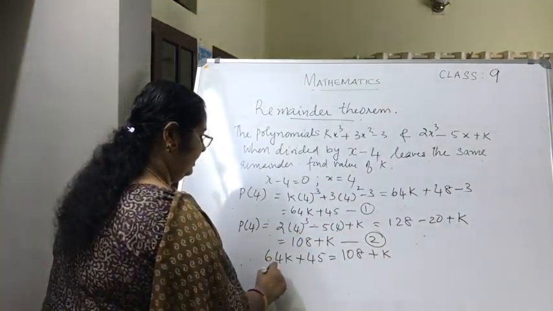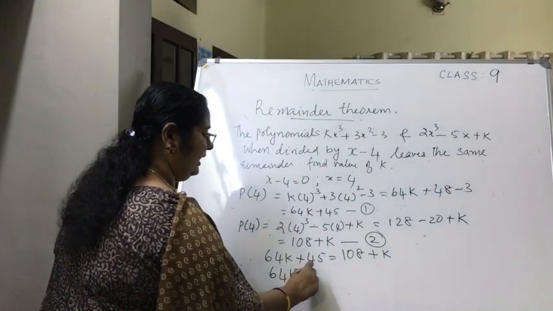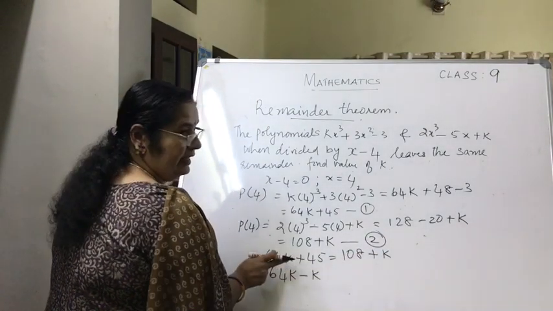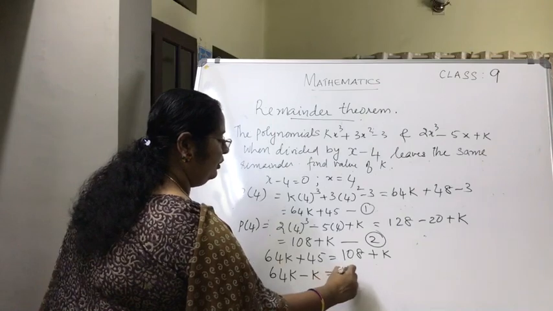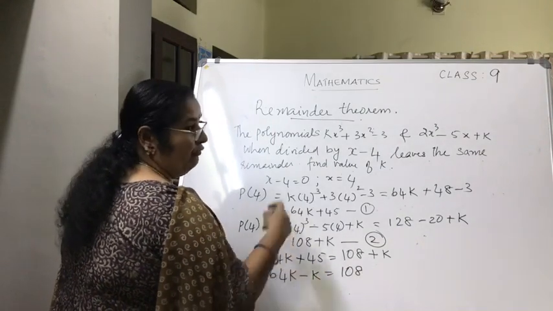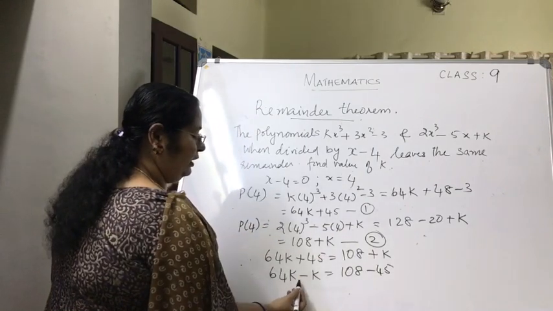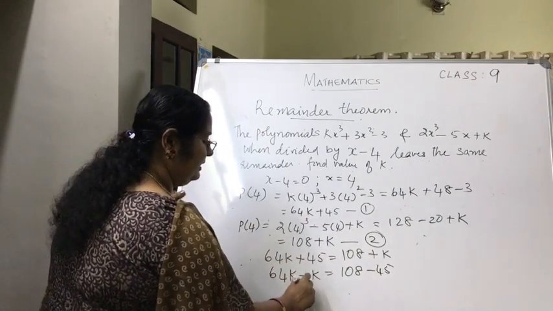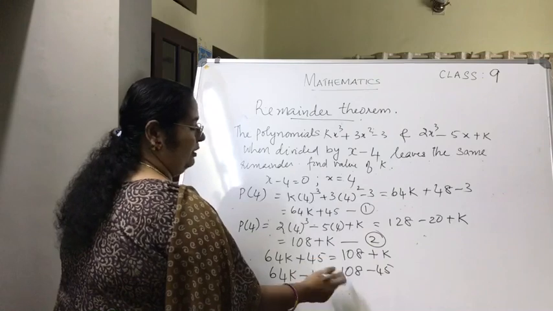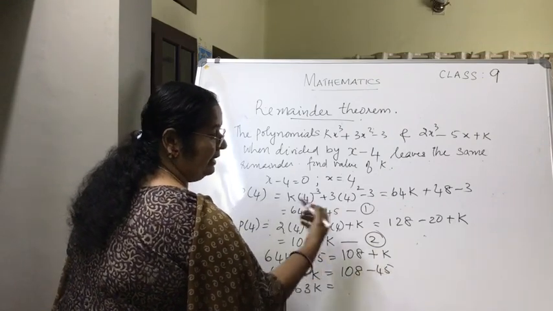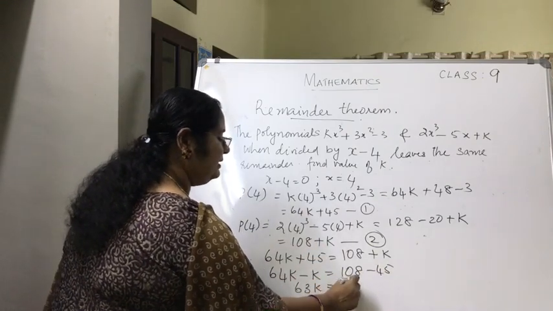So this will be 64k minus k. This k you are bringing to this side will become minus, equal to 108. 45 taken to the other side becomes minus 45. So 64k minus 1k will be 63k equal to 108 minus 45, which is again 63 only.